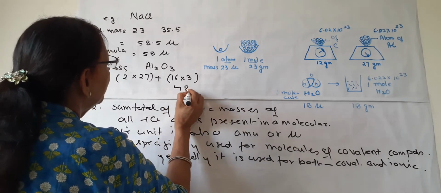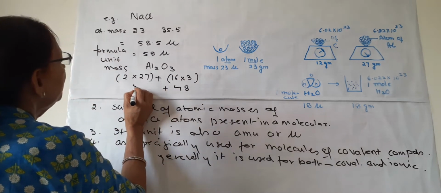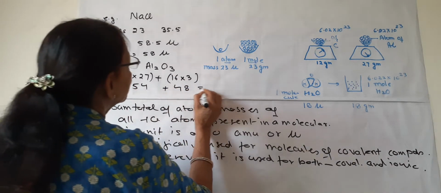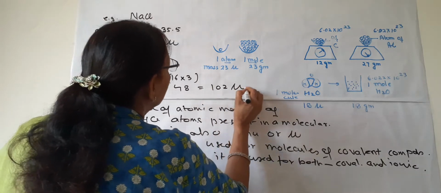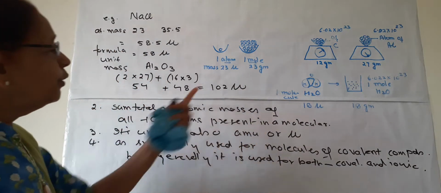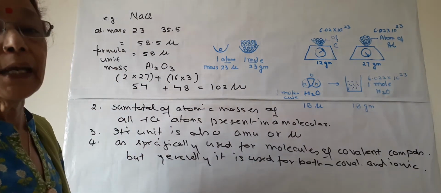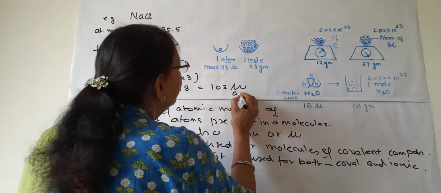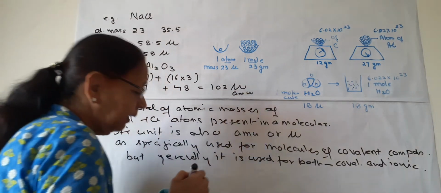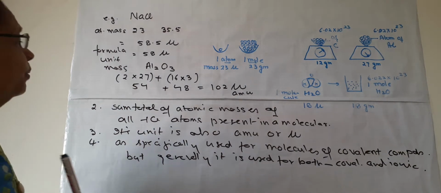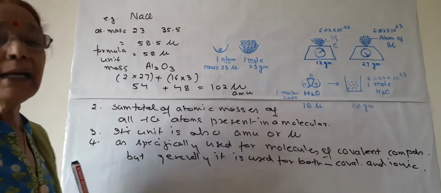So it will be 54 plus 48, in total 102 U or 102 AMU. In both cases we can write the molecular mass or formula unit mass. So these are the examples.